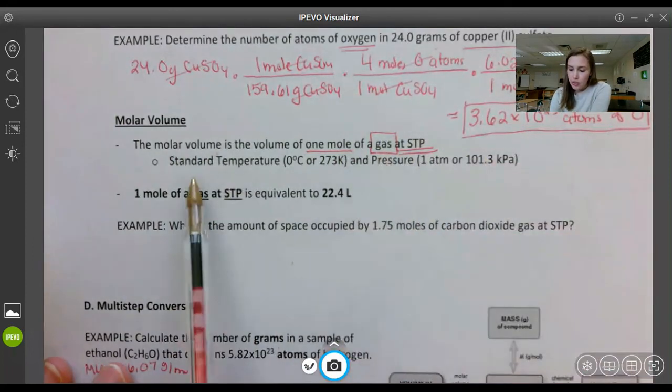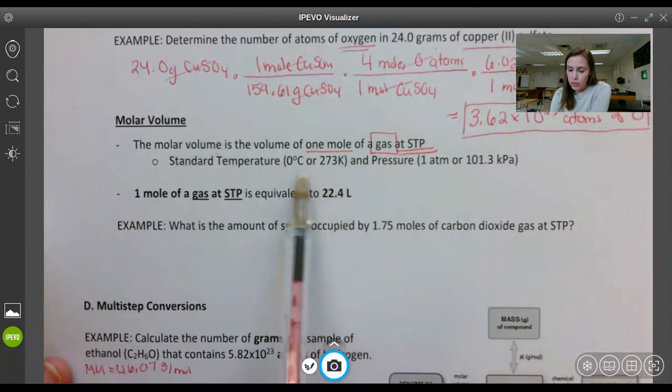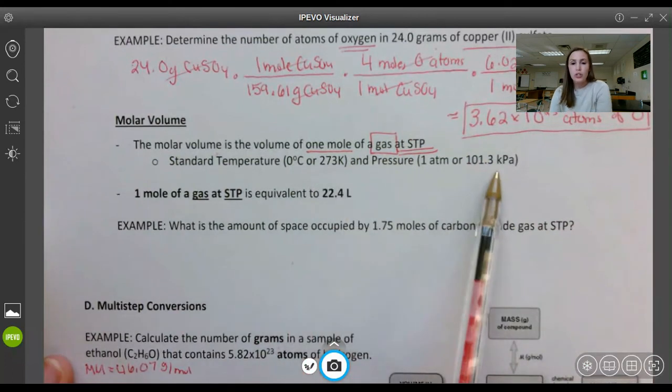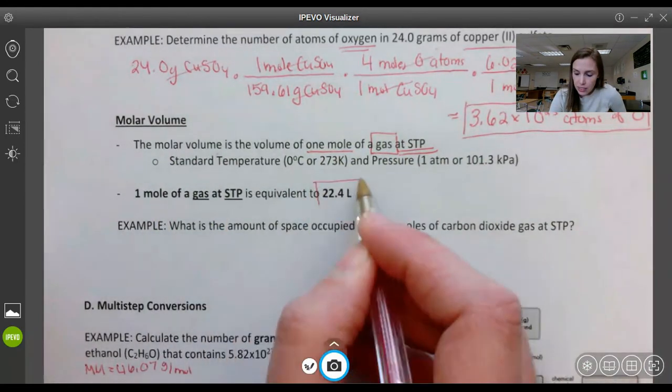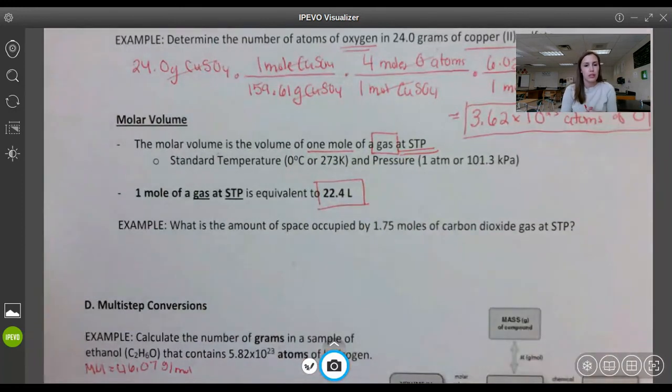So STP stands for standard temperature and pressure. So you can see the conditions there for temperature and pressure. So it has to be at those conditions. If we have 1 mole of a gas at STP, that is equivalent to exactly 22.4 liters of that gas. So just like any conversion factor where we have 2 things equivalent to each other, we can also use this in dimensional analysis involving, in this case, moles.